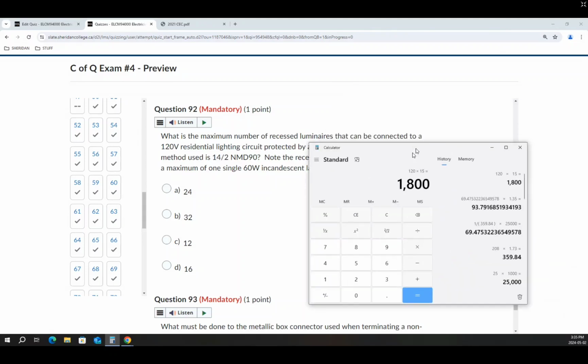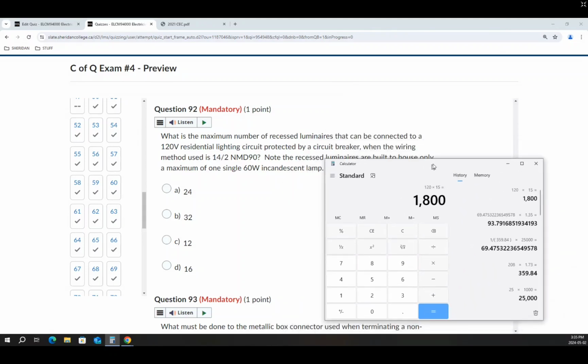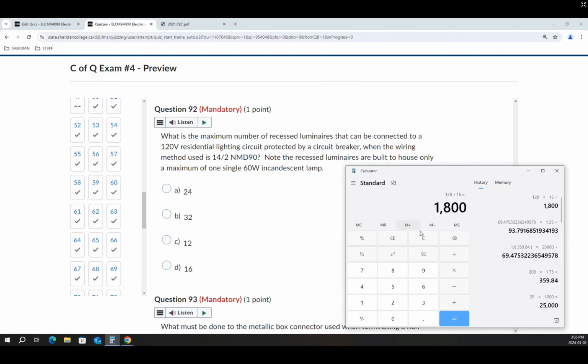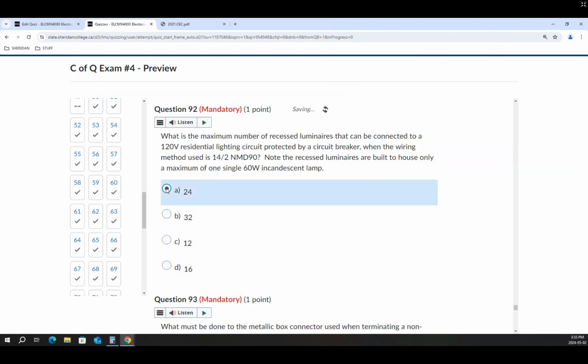How much is available? It would be 80%, right? So times 0.8, 1440 watts. And then if each one was a 60 watt, 24. So that's it there.